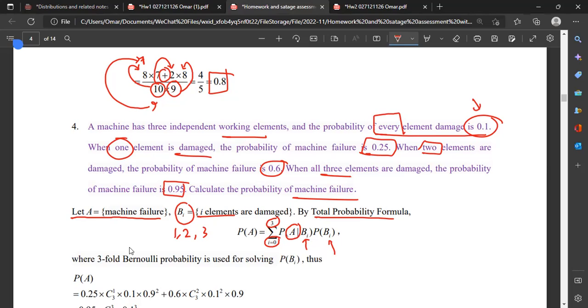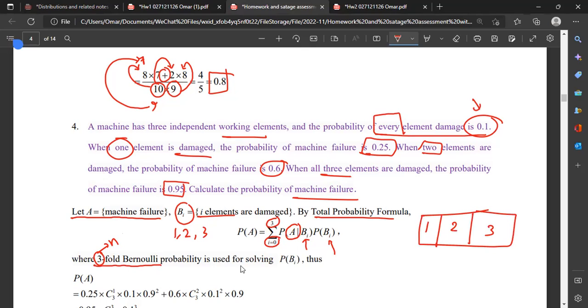So here n-fold Bernoulli experiment, and here n is 3 because we have 3 elements in the machine, or we have 3 segments, right? First, second, and third. The first element is damaged, the second element is damaged, and the third element is damaged. So it is here n-fold Bernoulli experiment, or 3-fold Bernoulli probability.